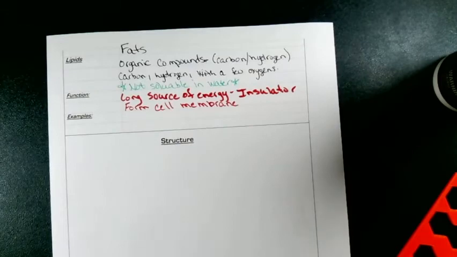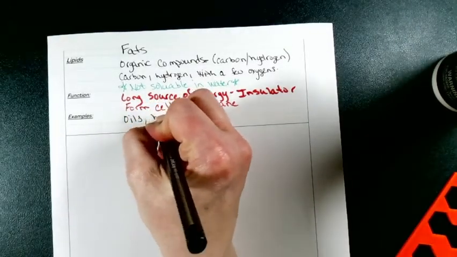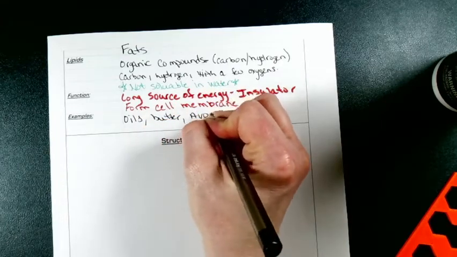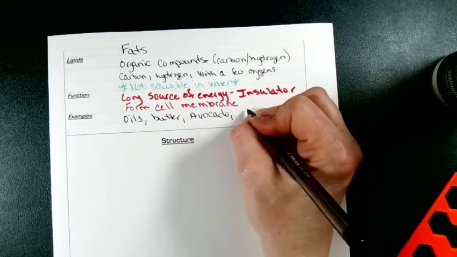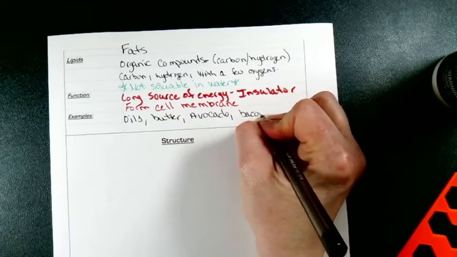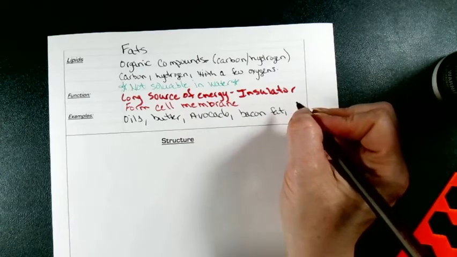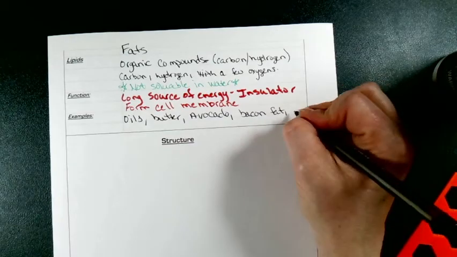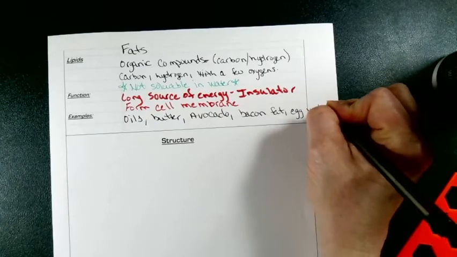So again, some of your examples for a lipid are oils, butter, avocados. Avocados are all pretty much fat, bacon fat, or the white strip of fat that's on your steaks, meats. So egg yolks are all fat.